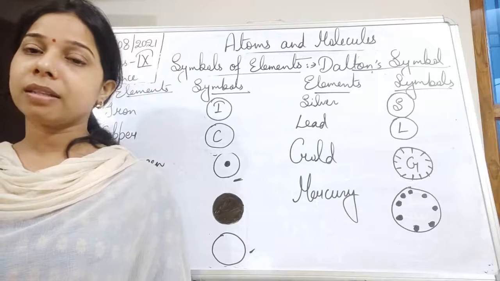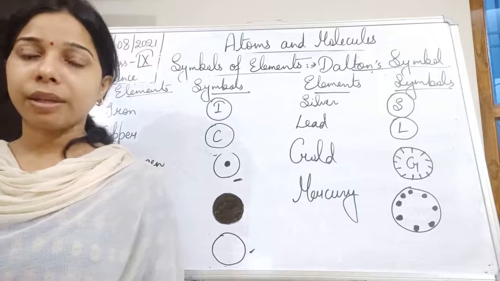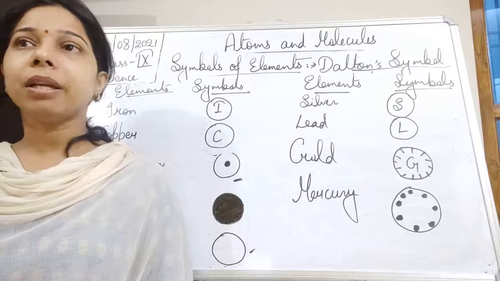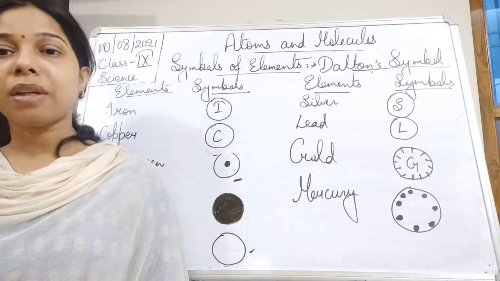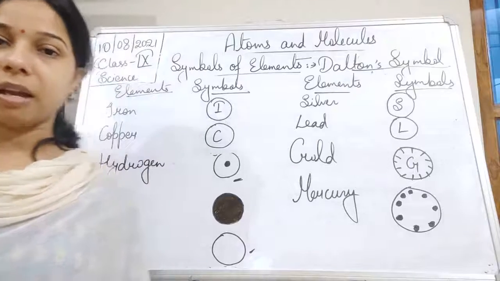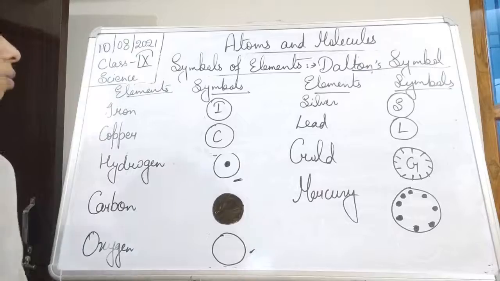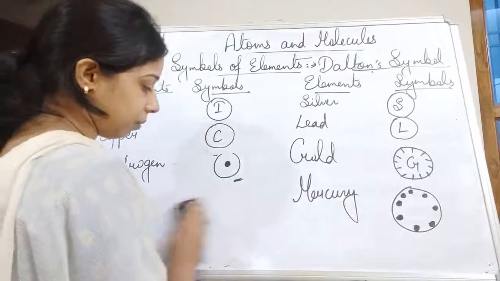Later on, it is J.J. Berzelius who said that instead of drawing the diagram, we can simply use the first letter or the second letter of the element itself in order to represent the symbol of the element.